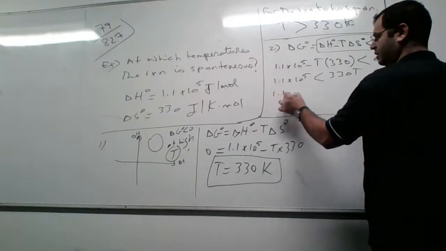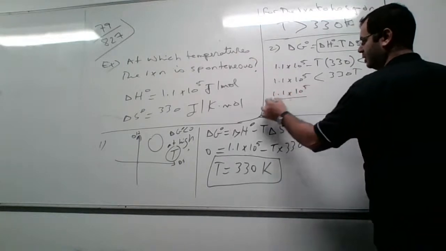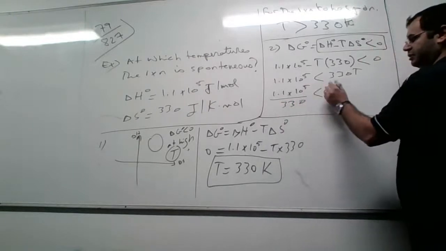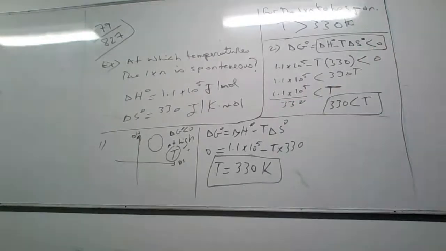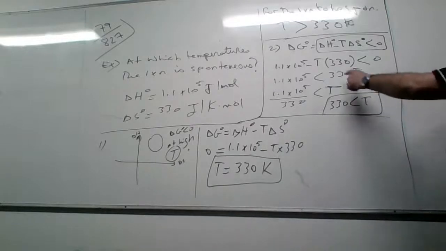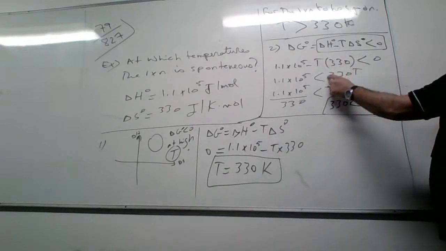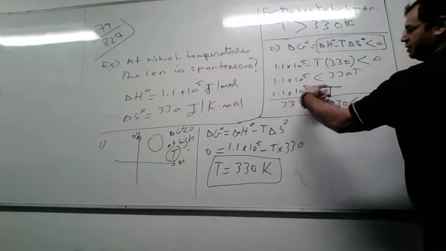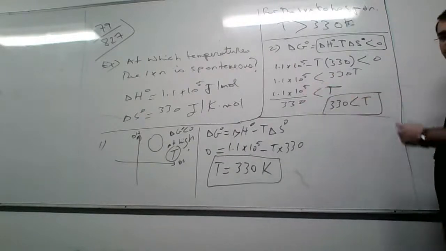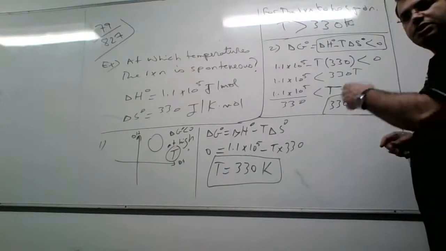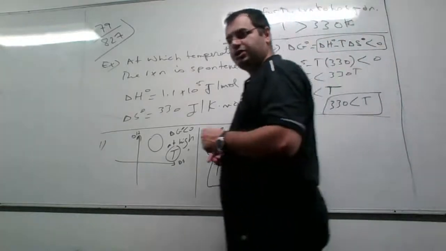So 1.1 times 10 to the power 5 divided by 330 is less than T, meaning T is greater. You might have a negative here, guys, and you are dividing by a negative number, so it should come this way. When we divide by a negative value, the inequality changes, right?